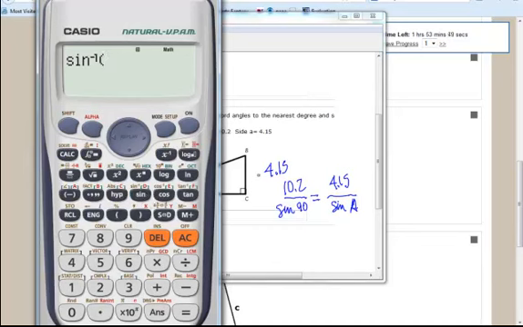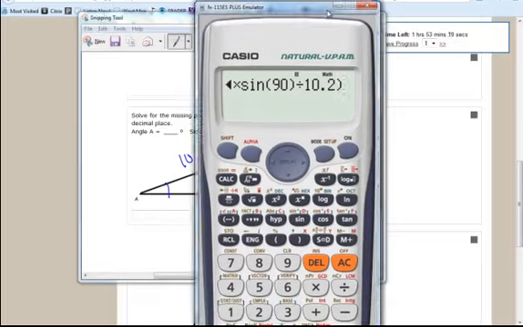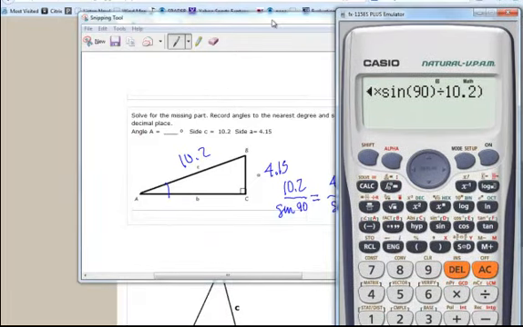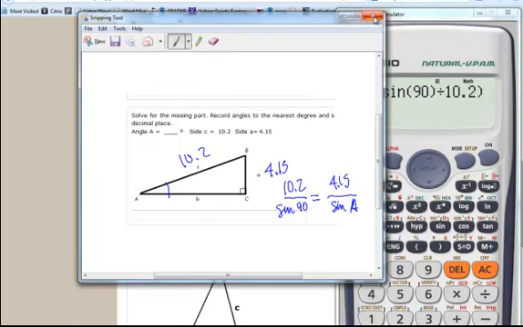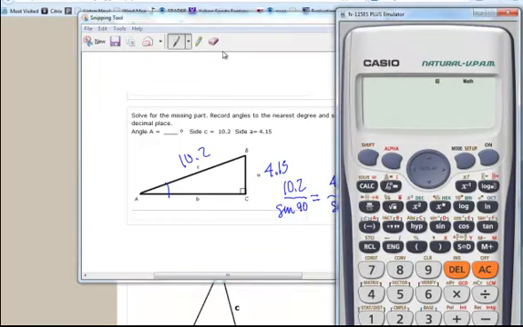So we're looking for the sine of angle A, and we take 4.15 times sine 90 divided by 10.2, and so that will give us the angle in degrees because we're still in degrees here. Next one.